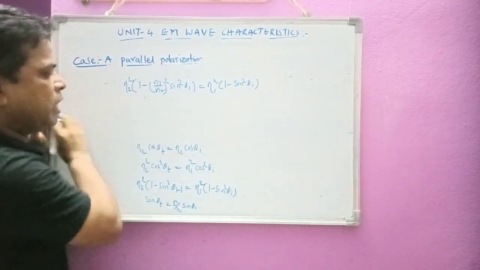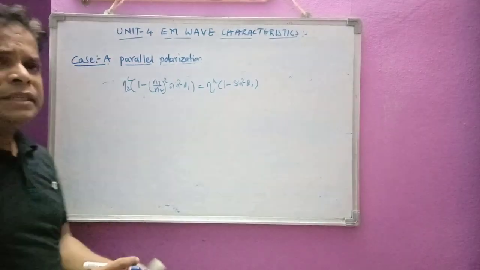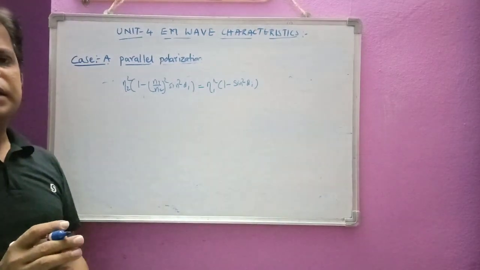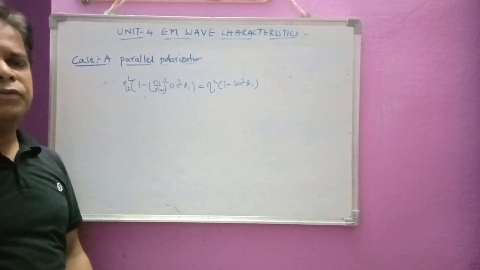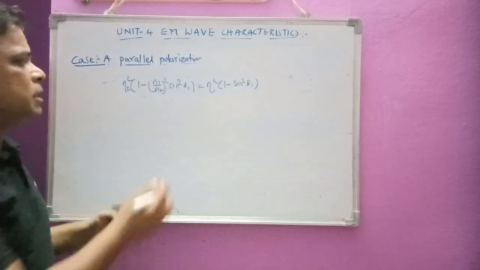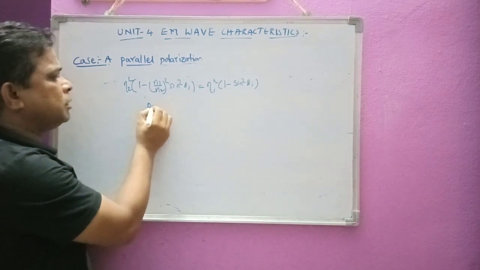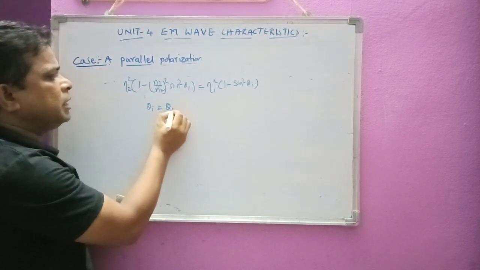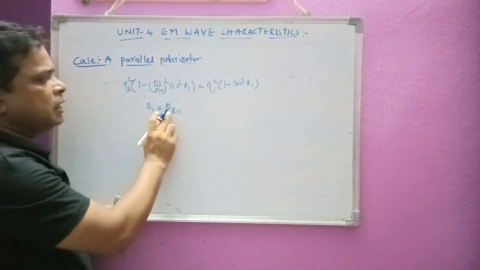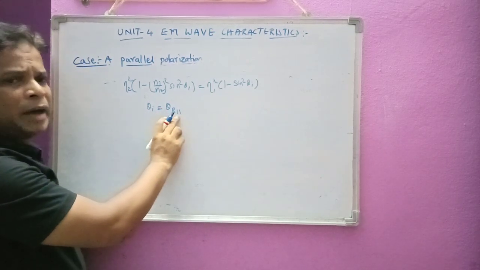Now the angle where the reflection coefficient is 0, that angle is what we call the Brewster angle. Now I am going to rewrite this theta i as theta b parallel, that is the Brewster angle theta b, which we are having for parallel polarization.